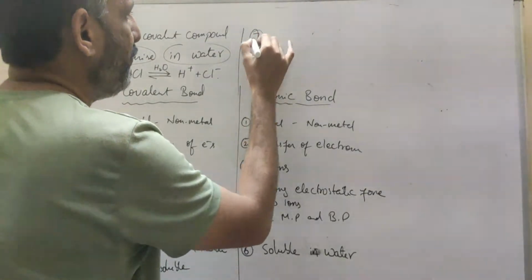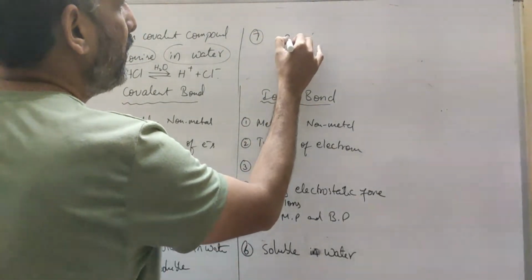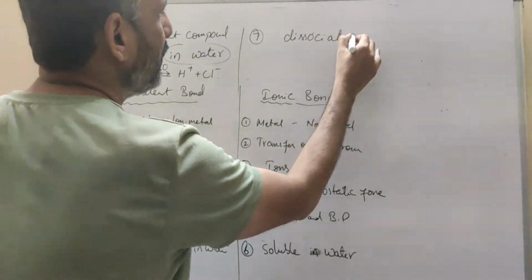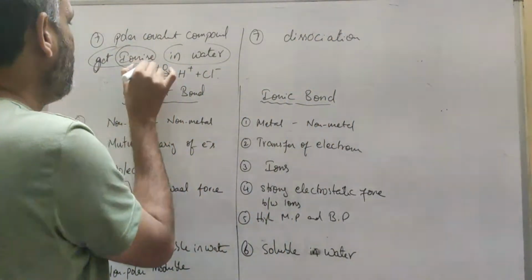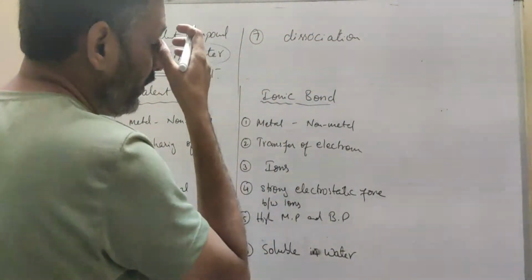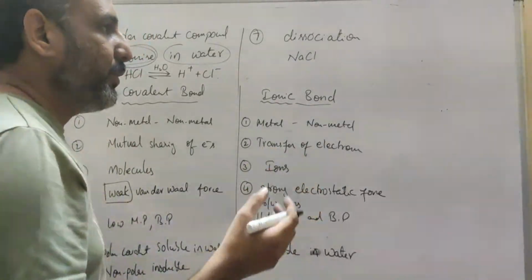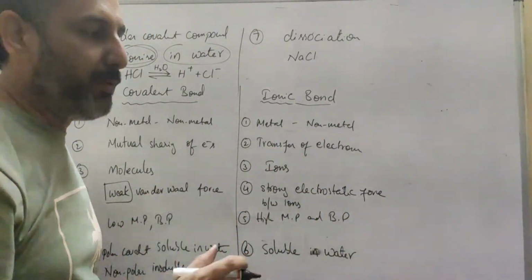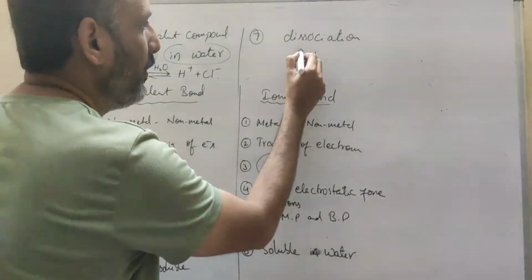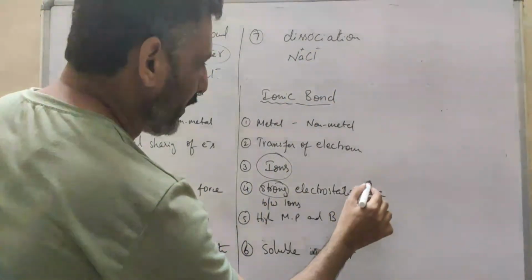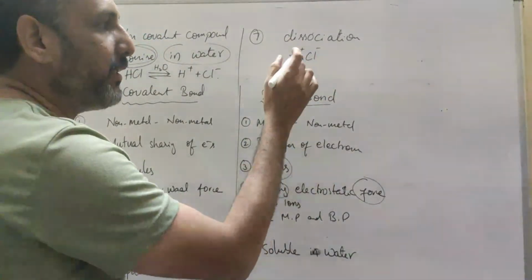But in case of ionic compounds, they just undergo dissociation. Okay, see the difference between ionization and dissociation. Dissociation means, for example, if you take NaCl, sodium chloride is already an ionic compound, already it has ions, but the ions are held together by strong electrostatic force of attraction.